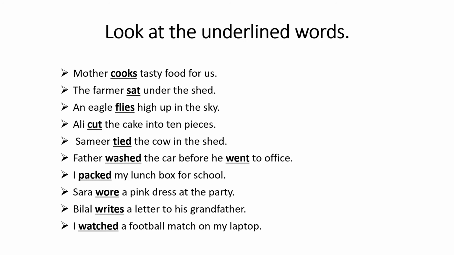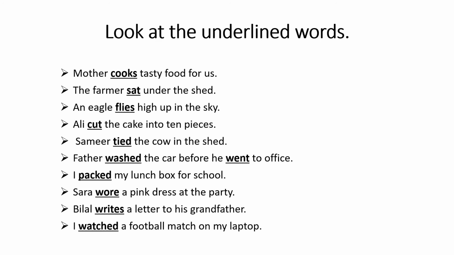The words which show the action done by the person in the sentence. Okay, the first one is mother cooks tasty food for us. Now what is mother doing? Yes, she cooks. So that's the action and that's a verb.